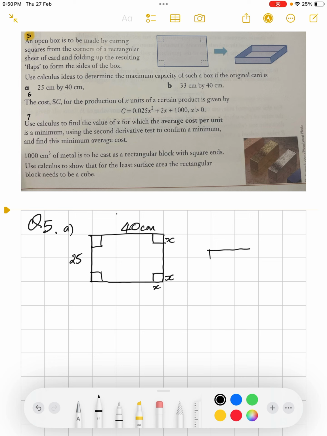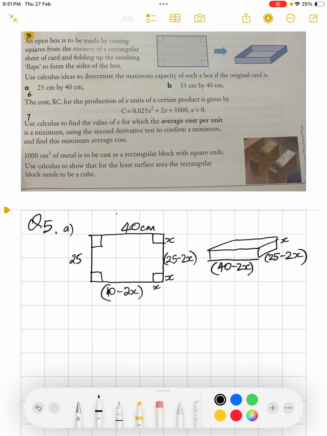If you fold this box up, we've got slightly smaller dimensions. We've got 40, take away 2 x's on the length, and 25, take away 2 x's on the width.